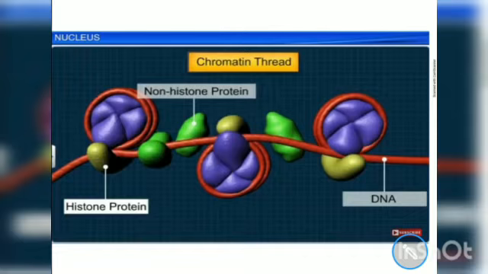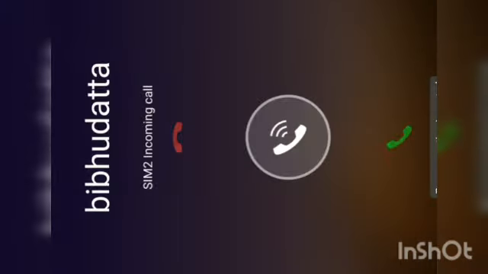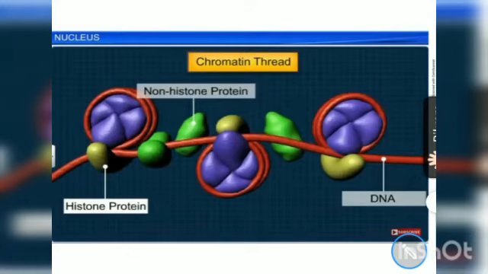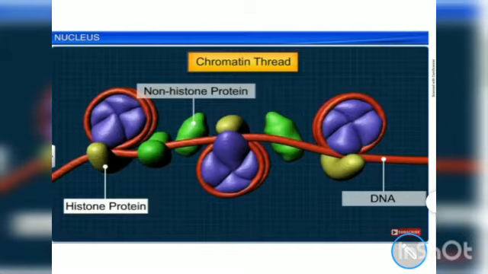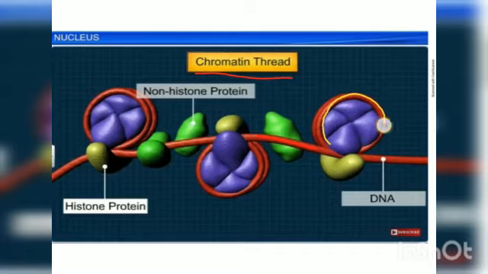Now look at here, your chromosome. Now return to the nucleoplasmic content of the cell, which is present inside the nuclear envelope, and that contains the chromatin fibers or your chromatin threads. Look at here, these red color parts are your chromatin threads, and the threads are bound around certain proteins.